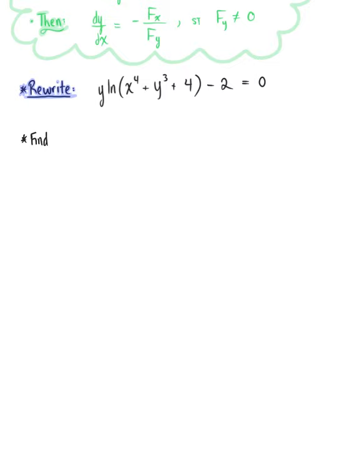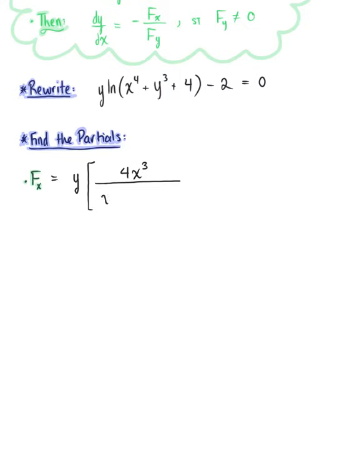So we want to find the first order partials. We first want the partial derivative of this function with respect to x. We can see here that we only have one x within the argument of the logarithm. So differentiating, we have y, multiplied by the derivative of the argument of that logarithm, which is 4x cubed, all divided by the original argument, which is x to the fourth plus y cubed plus 4.